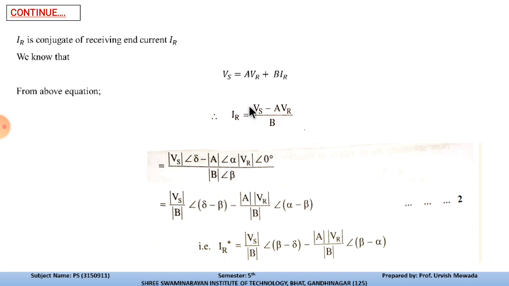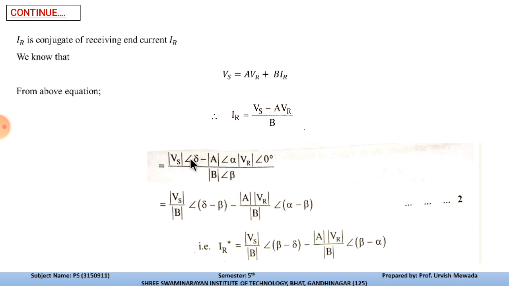Now we have the sending end voltage at angle delta, the receiving end voltage at angle 0, and B at angle beta. So let us put all the angles of the respective voltages of the sending end and receiving end, and the B parameter of the transmission line.